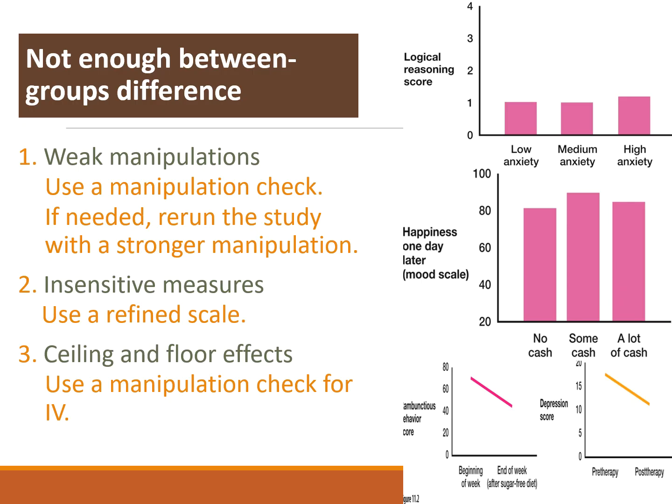Yes, they have a little bit of a difference in logical reasoning, but it's not a huge one to begin with. And we also want to think again about the potential of other causes for what's happening. So for example, happiness one day later on a mood scale, no cash, some cash, a lot of cash. We might find a relationship like this, but again, are we actually manipulating this in a way that makes sense?